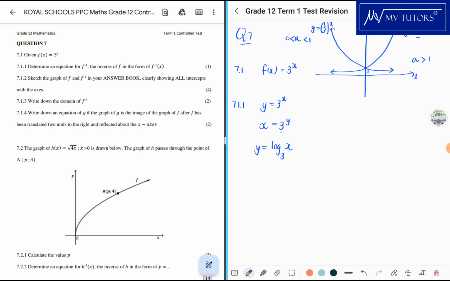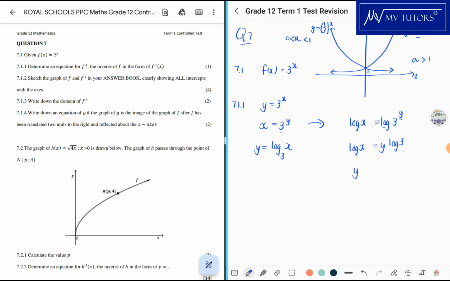If you want to know the long way of getting it, you would introduce logs on both sides of the equation. So you have log x is equal to log 3 to the power y. And whenever you have logs and there's a power there, you can bring down the exponent. So you have y times log 3.